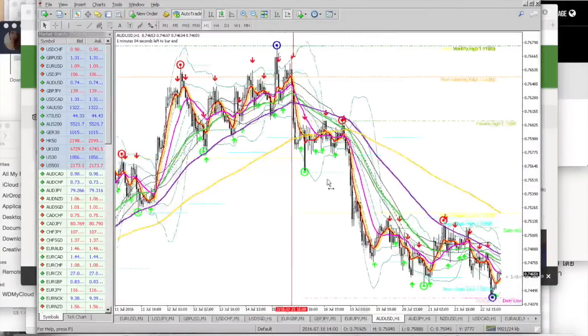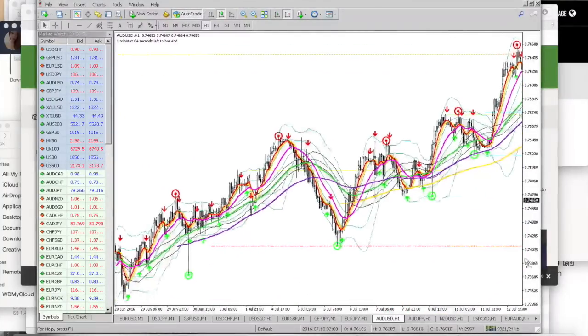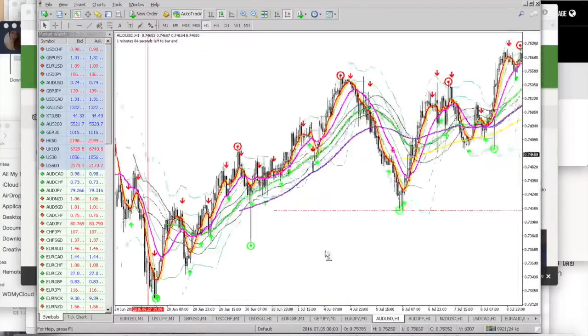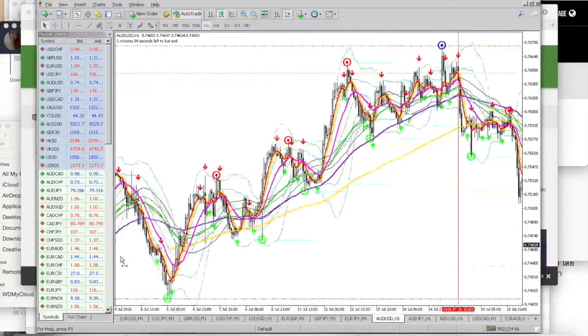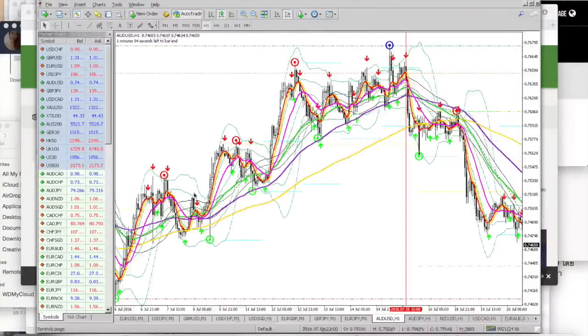Now I'm going to zoom out a little bit, and we have this point and this point. These are two turning points basically.